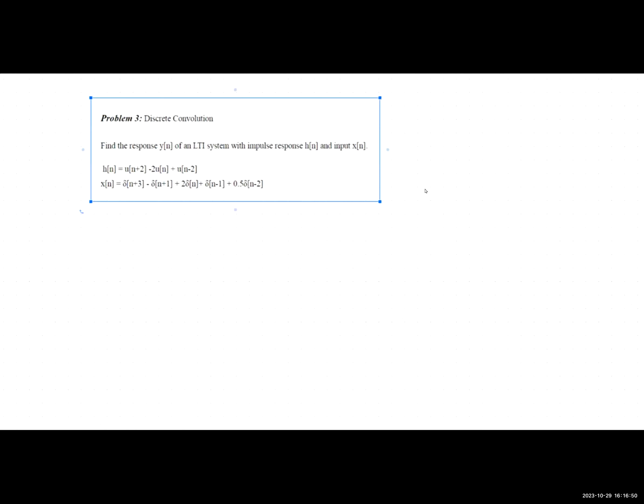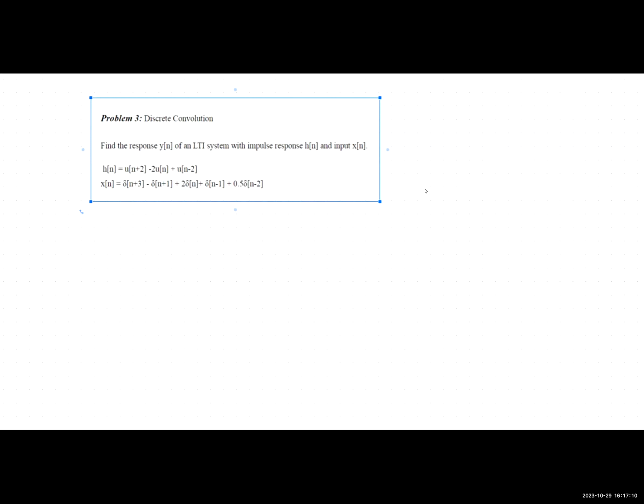I pasted the problem here, and it gives you an h of n, and it gives you an x of n, and it asks you to find the y of n. So the basic steps are, first of all, I would graph h of n and x of n.